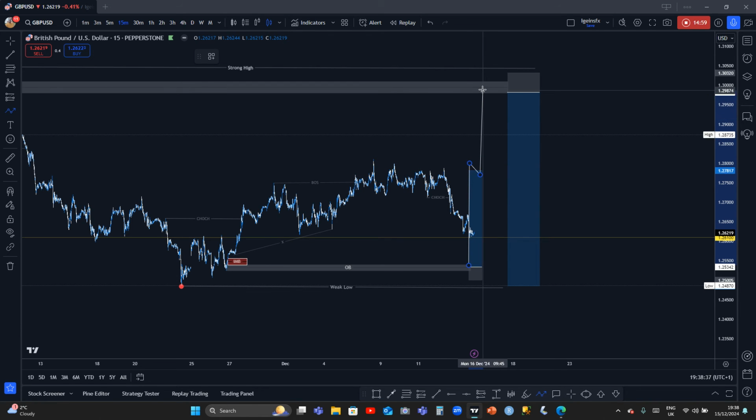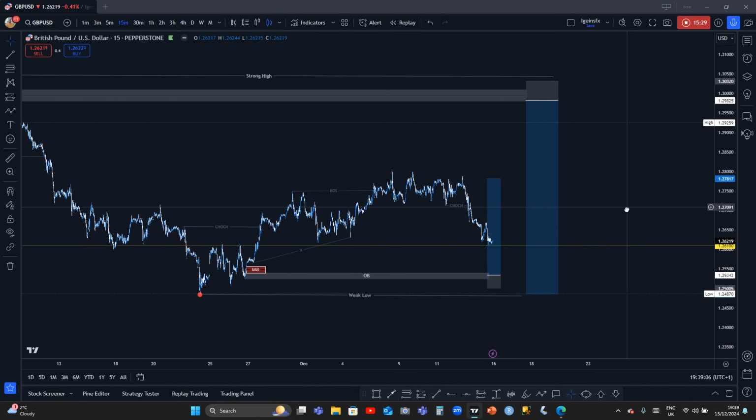Then it will come and tap into this origin that caused this break of structure to the downside, that created the strong high. Then you will see a very massive push to the downside that will break this structure down and create another low. All right, I hope this is very clear.